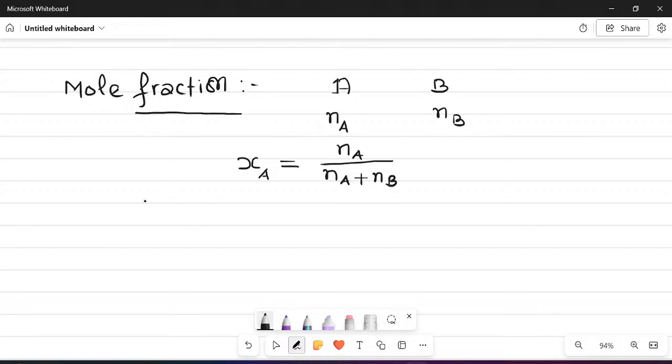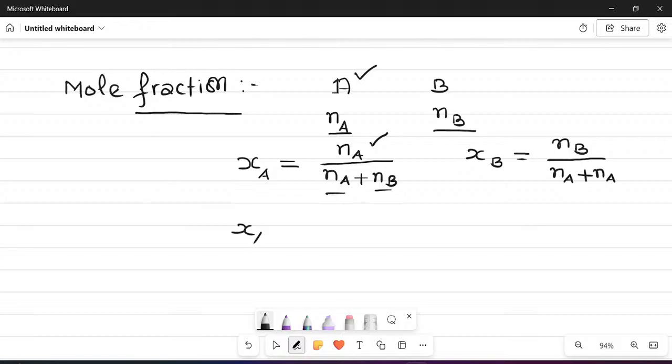So the mole fraction of a component is the ratio of number of moles of the component to the total number of moles of all the components present in the solution. And what is the mole fraction of component B? Xb is the ratio of number of moles of component B to the total number of moles of all the components. So this is how we define mole fraction.